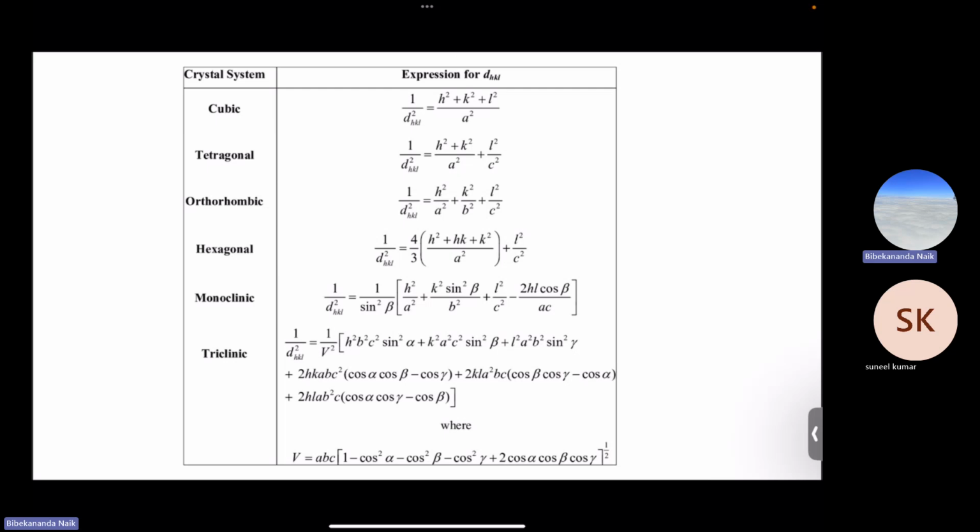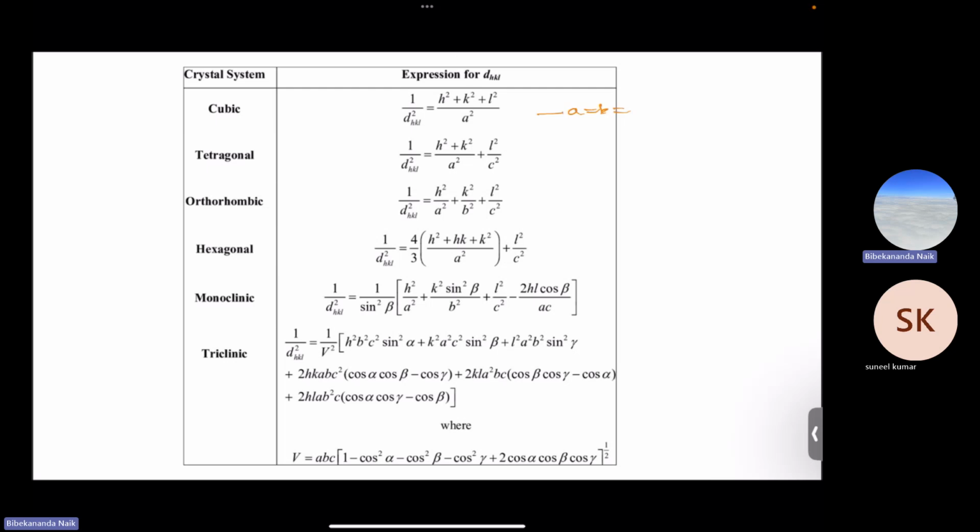For example, for cubic, since a equals b equals c, the one thing you need to remember is that interplanar spacing can only be calculated for the crystal systems having one angle 90 degrees or more than one angle 90 degrees. So if you see cubic, tetragonal, orthorhombic, monoclinic, triclinic, for those crystals we can determine the distance of interplanar spacing.